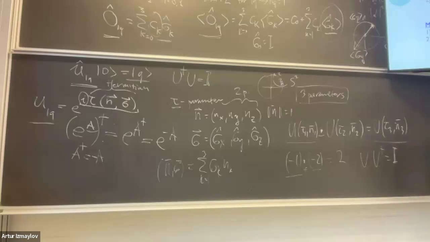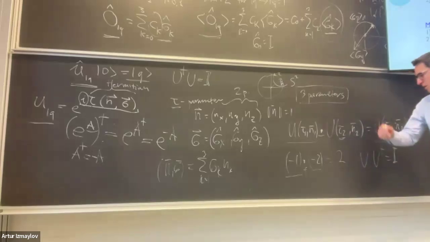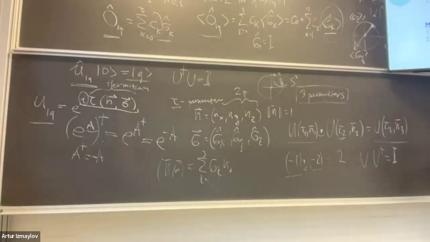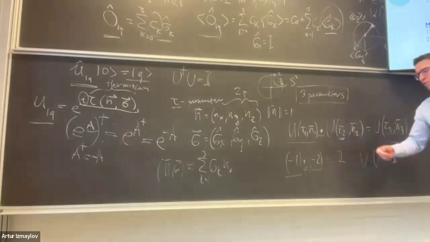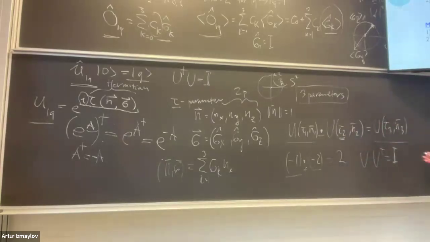And in this case, we have identity operation that is just take any tau to be 0. So then angle 0 rotation would correspond to the identity element. And identity is defined by the condition that any unitary multiplied by identity gives you back the same unitary, right? So no matter whether you multiply it from the right or from the left, it just gives you back the same element, right?